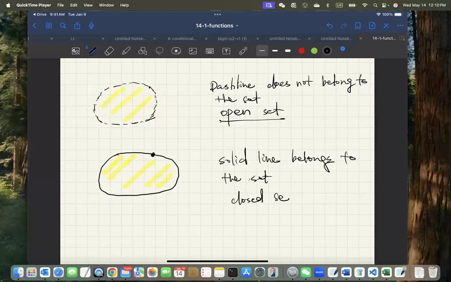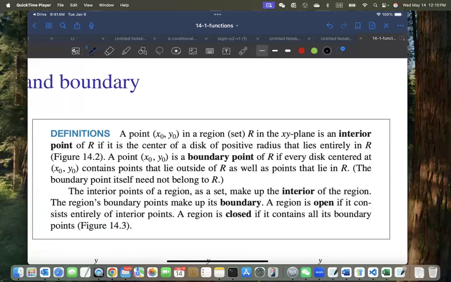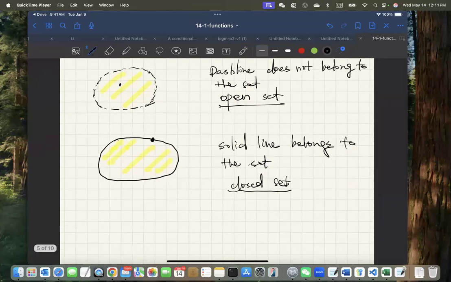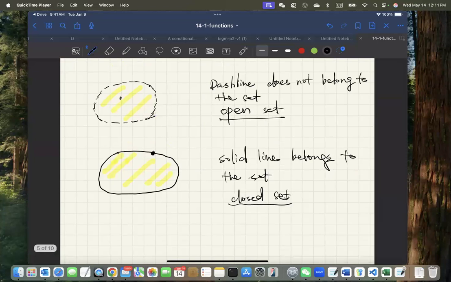So how do we distinguish these two sets in mathematical terminology? The definition relates to what we mean by interior point and boundary point. Suppose a point in a region R is an interior point, then it is the center of a disk of positive radius that lies entirely in R. So if we look here, this is an interior point of your backyard because it can be covered by a small disk.